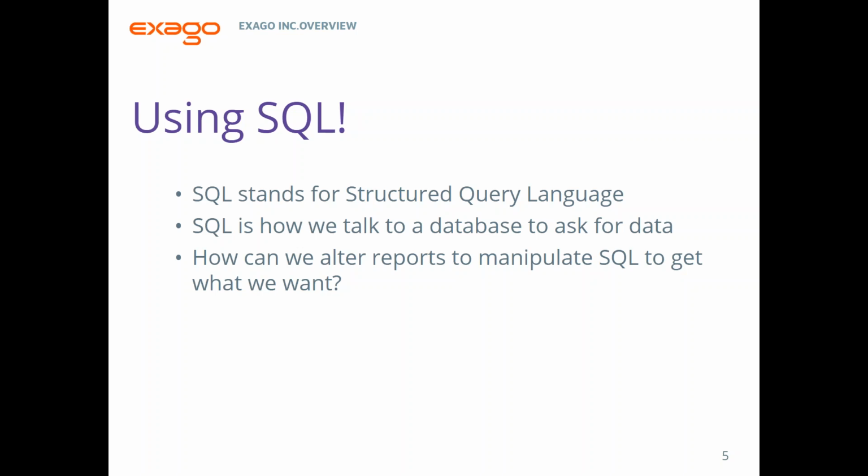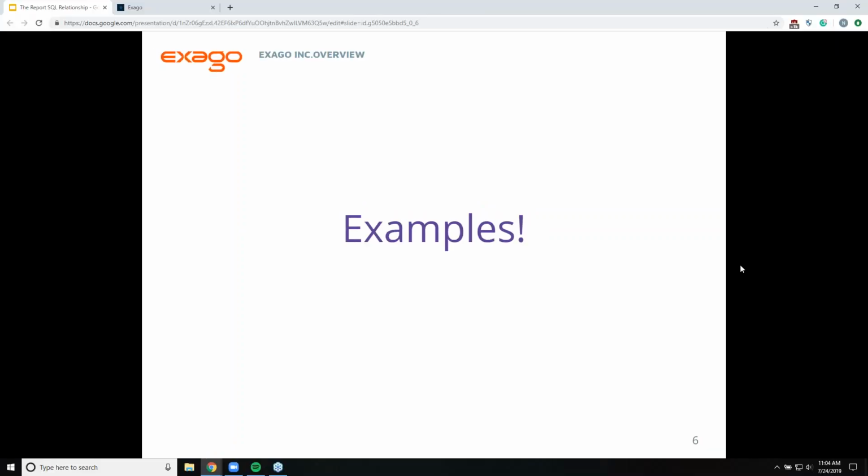In the context of Exago, that's going to translate to how some of that information is actually displayed on any given report. So with that in mind, how are we going to be able to alter given reports or different pieces of reports to manipulate that SQL to get exactly what we want? The best way to show that is really through some examples. So let's jump over to Exago and get to the good stuff.